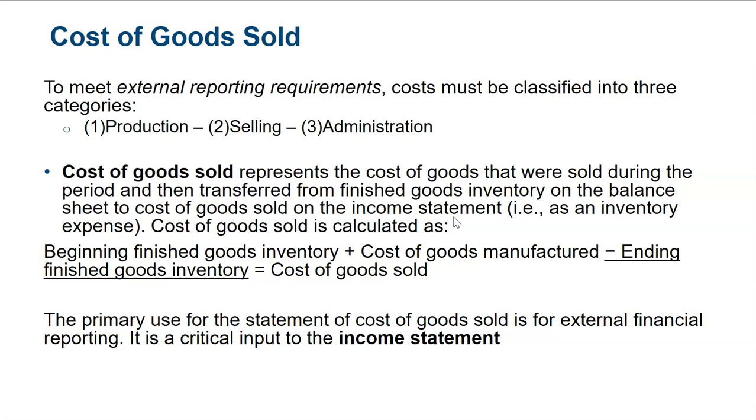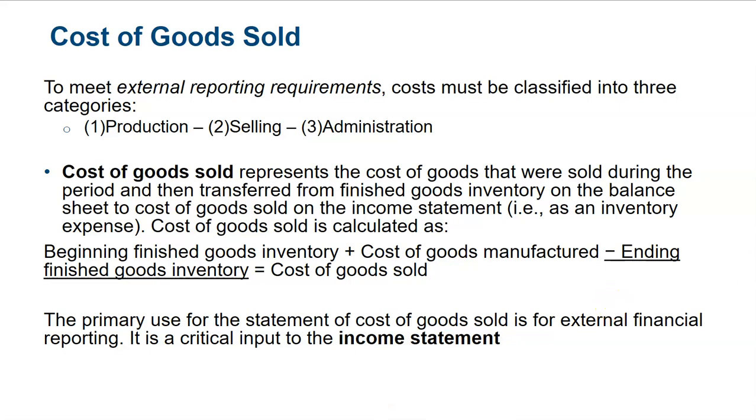When we were talking about cost of goods manufactured in the previous video, we talked about an account called work in process, and now we also have finished goods inventory. So finished goods inventory is essentially the same thing as the inventory that you've been used to dealing with.